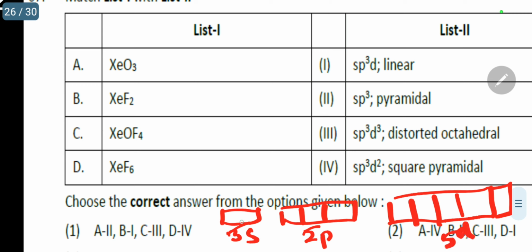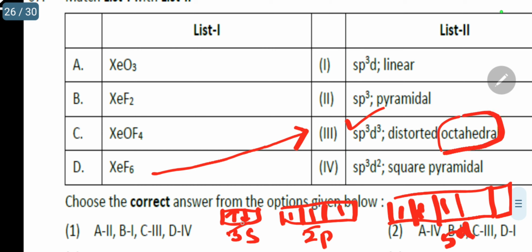Now I can represent one pair, single electron, single electron, single electron. So the hybridization is sp3d3. The shape should be octahedral. Why is it distorted? One lone pair is there, so it is getting distorted.